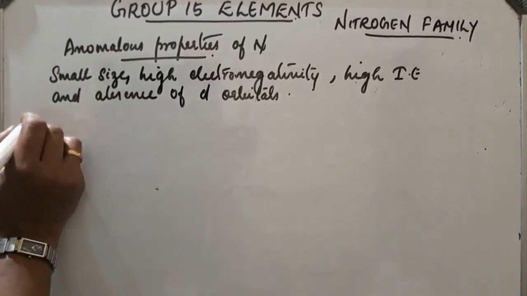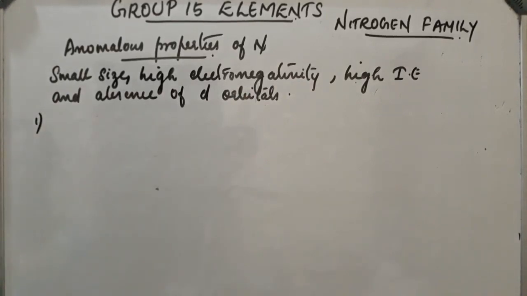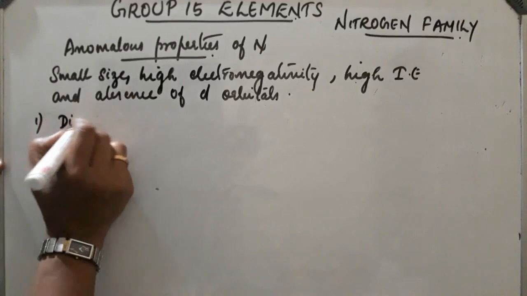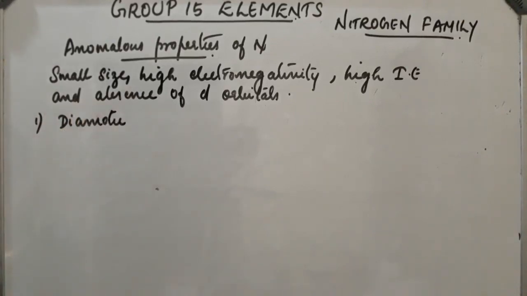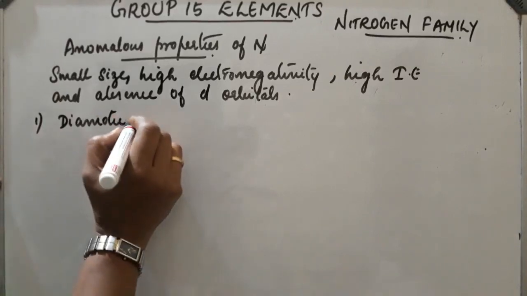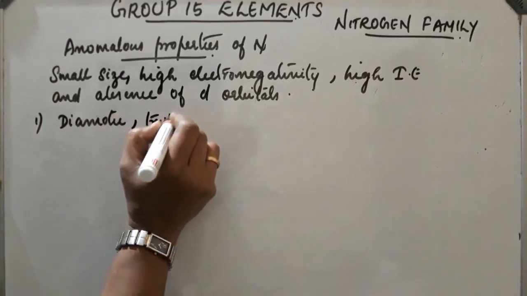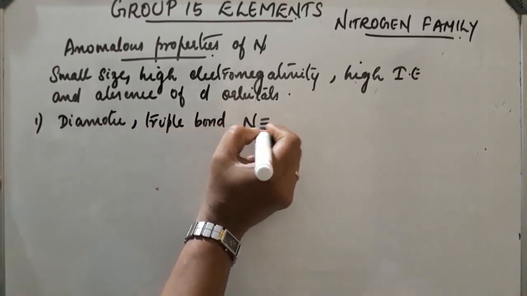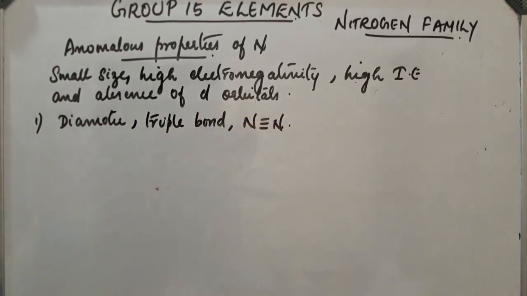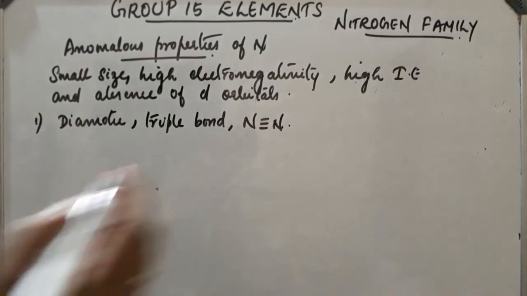First point, nitrogen exists as diatomic, that is N2. They have a triple bond, that is N triple bond N, which is a stronger bond, and so bond enthalpy is high.